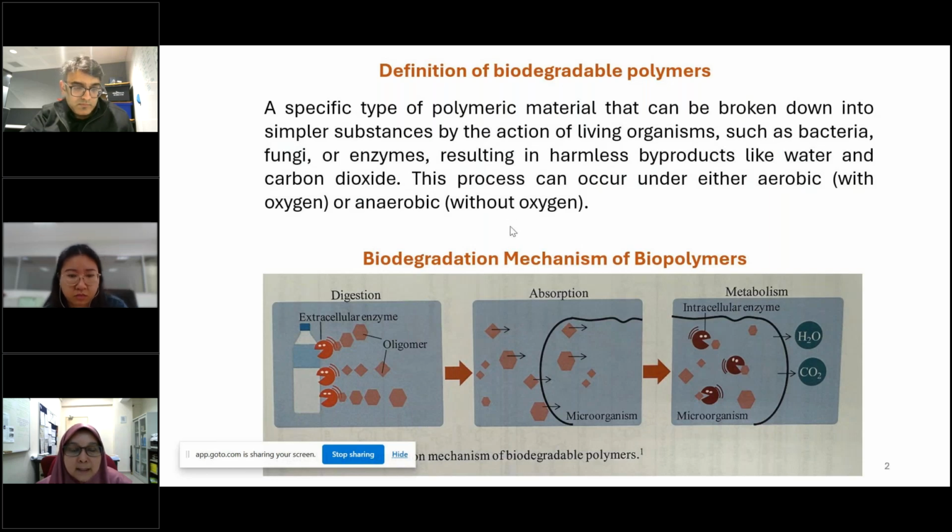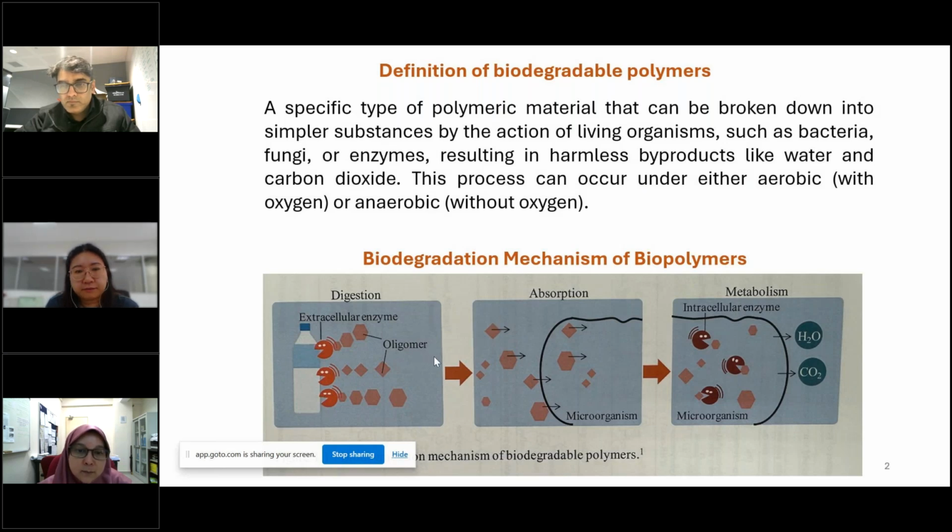The steps of biodegradation of biopolymer, we can divide into three basic steps. It involves degradation of the outer layer of any kind of polymeric material in the presence of extracellular enzyme. This enzyme will digest the outer layer of the plastic bottle or thin film samples to produce the corresponding oligomer.